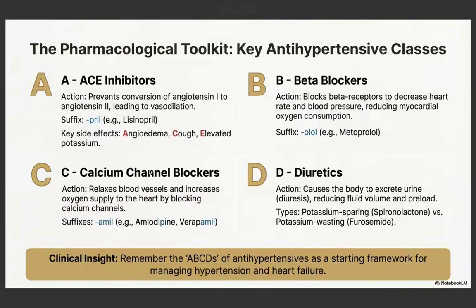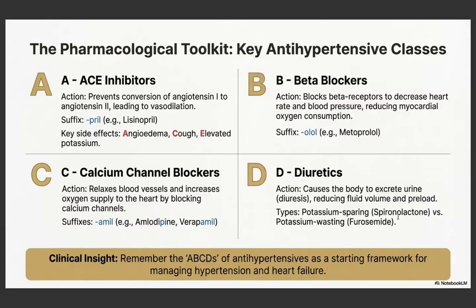These are just some medications that we can use for antihypertensives. Diuretics, normally, when we're thinking of diuretics for antihypertensive usages, we're thinking of our thiazide diuretics as a first line treatment. Some of these are more heart failure related. Spironolactone is potassium sparing, and potassium wasting is furosemide.